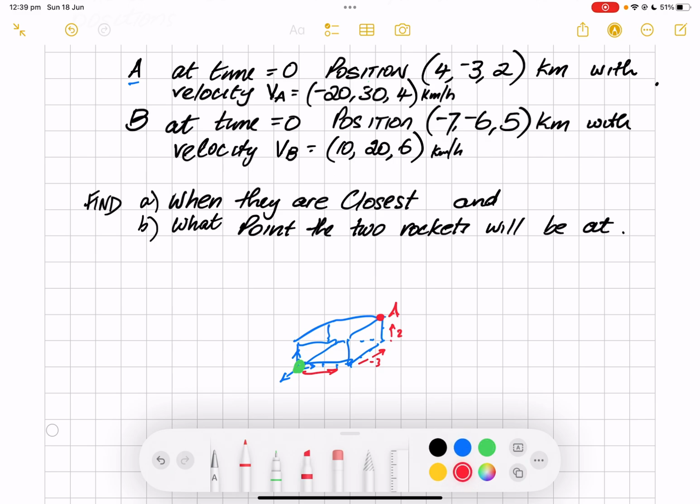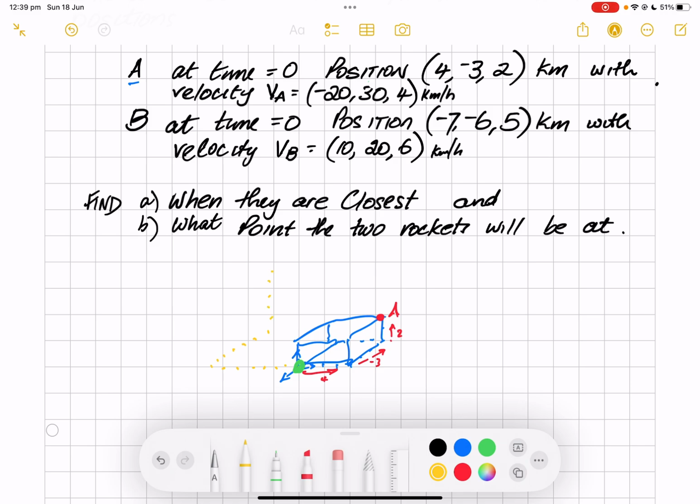Now, let's put point B. So point B is -7, -6. So let's say 1, 2, 3, 4, 5, 6, -7, -6, and up 5.